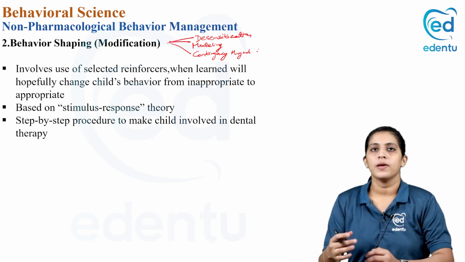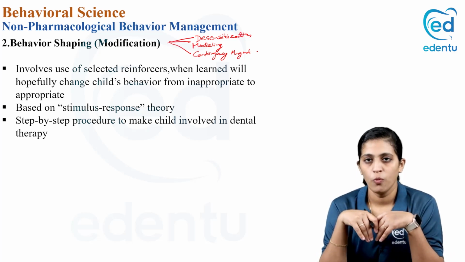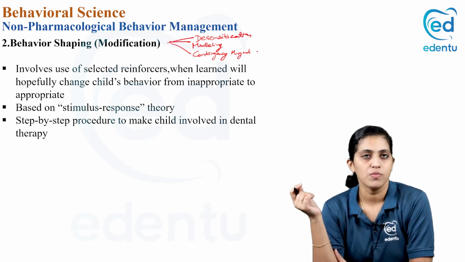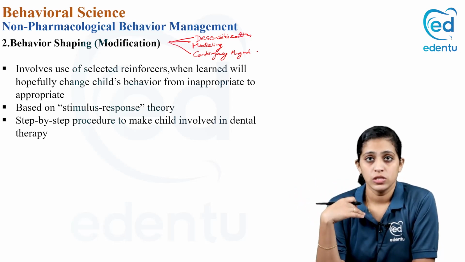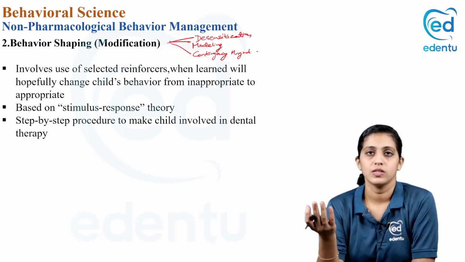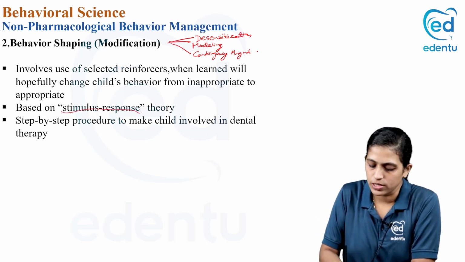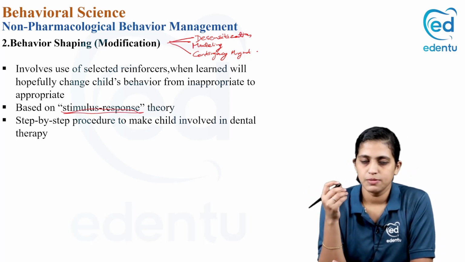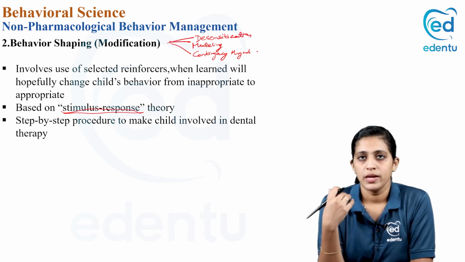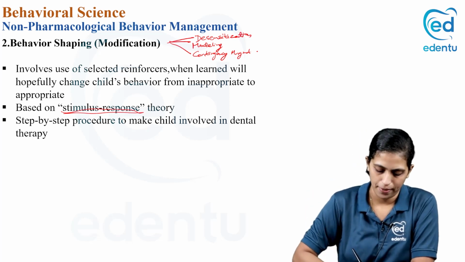So behavior shaping basically involves use of selected reinforcers which, when learned, will hopefully change the child's behavior from inappropriate to appropriate. So this is based on a stimulus, we give a stimulus and there is a response that is given. So this is based on a stimulus-response theory. This is basically a step-by-step procedure to make the child involved and get done with the dental therapy.